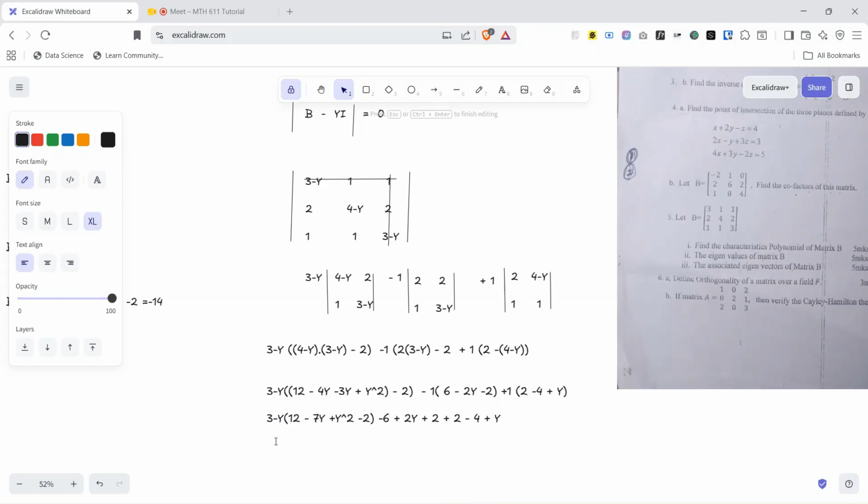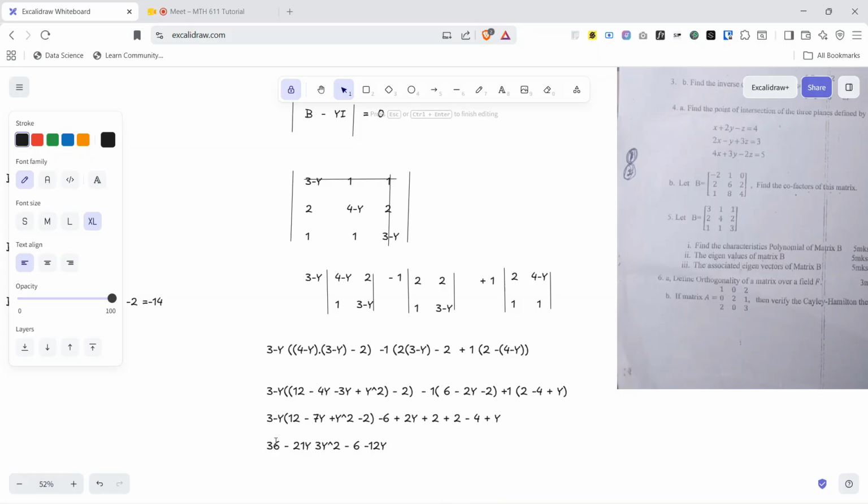So that would now be 3 times 12 is 36, minus 3 times 7 is 21 lambda, plus 3 lambda squared, then minus 3 times 2 is 6. So that's the first part, we've only done it for 3. Now minus lambda: that is minus 12 lambda.